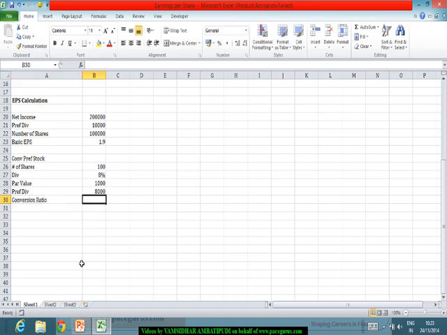Let's say one single convertible preference share, which has a face value of 1000, is getting converted into 25 shares of equity.